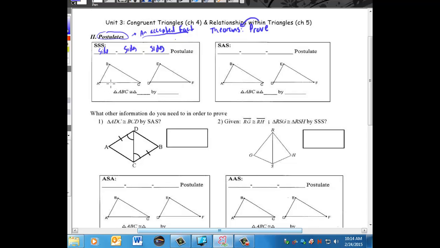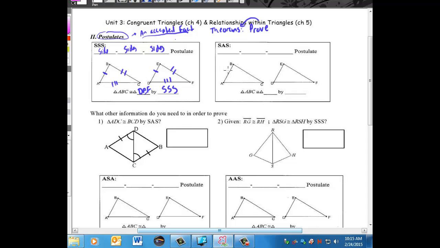Now, we should always mark this. So we would need to be shown that side AB is congruent to DE, BC is congruent to EF, and AC is congruent to DF. And so triangle ABC is congruent to triangle DEF by side, side, side, or SSS.